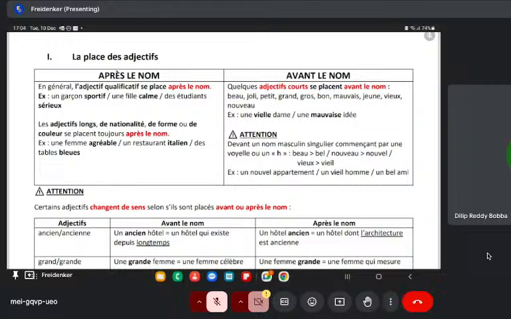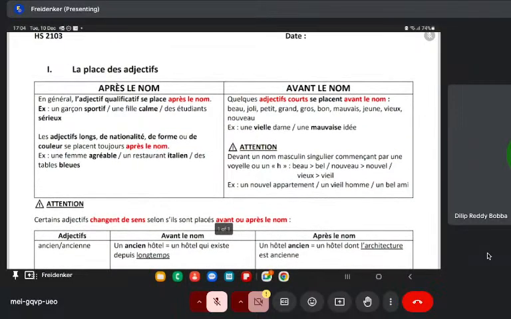noun. So one point is if they're describing something. So sportive boy, calm girl. The adjective is placed after the noun. So après le nom, after the noun. The other criteria is if the adjective is long, or if the adjective is talking about nationality, or if the adjective is talking about the form, basically the shape of it.